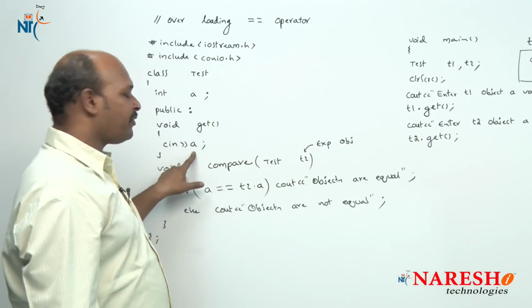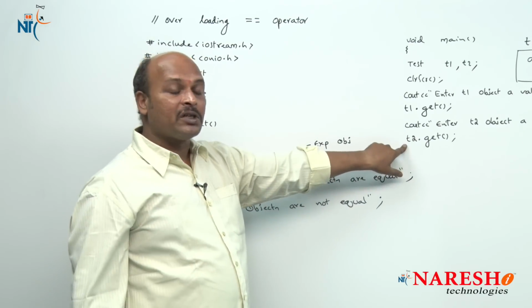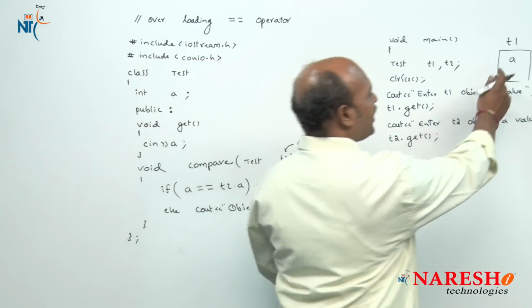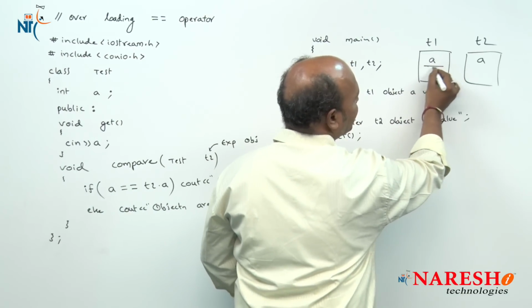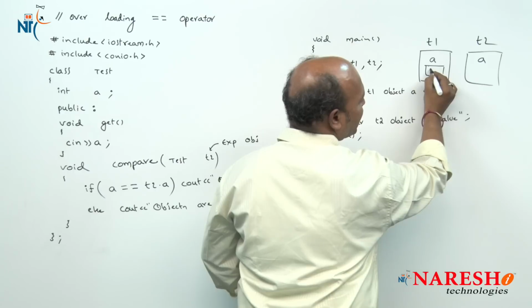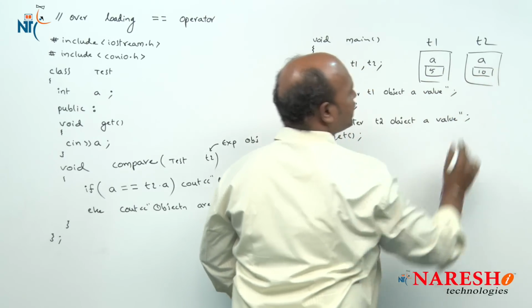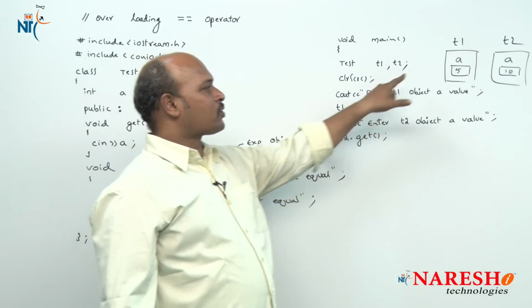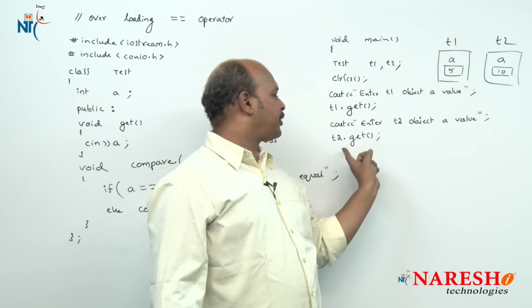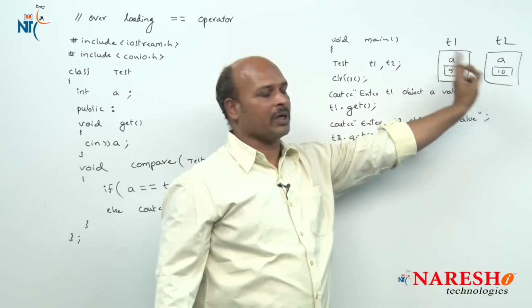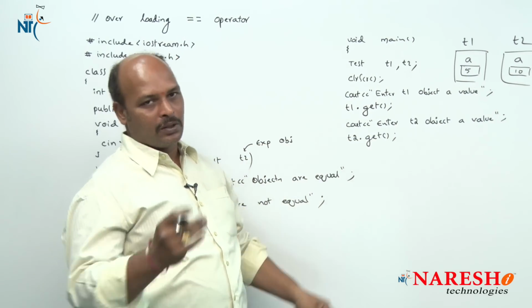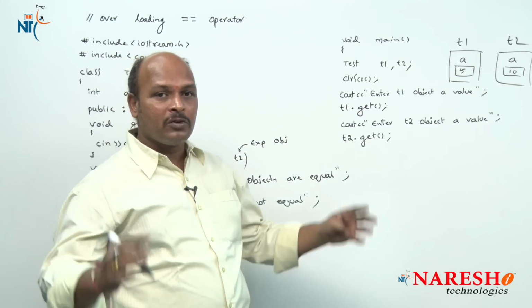Get is reading the value for A, but which one? T2 object. That is why one value is passed, here 5, and for T2 suppose 10. Now T1 dot get is storing the value for T1 A, T2 dot get is reading the value for T2 A. Now two values are inputted. Now we have to compare.